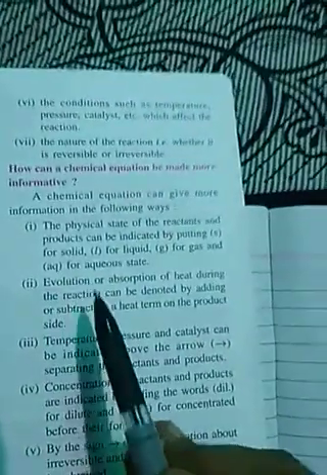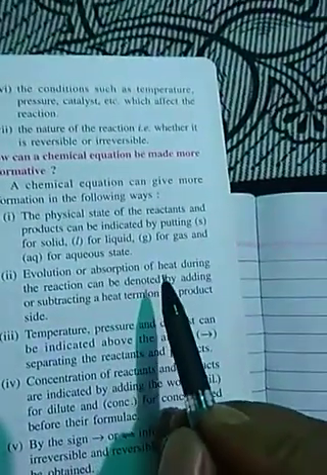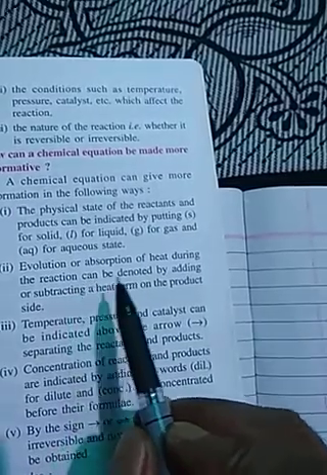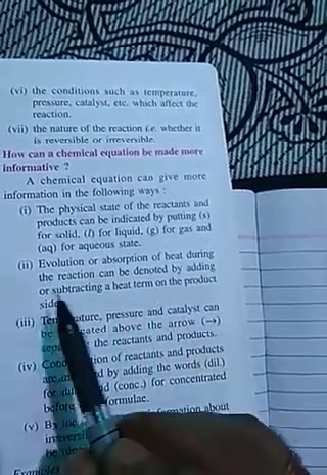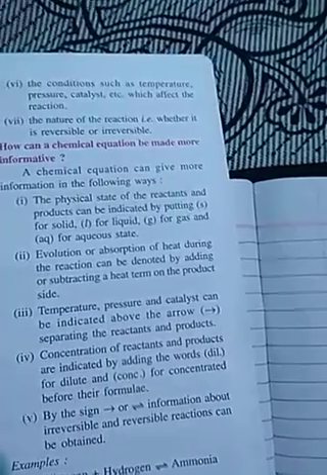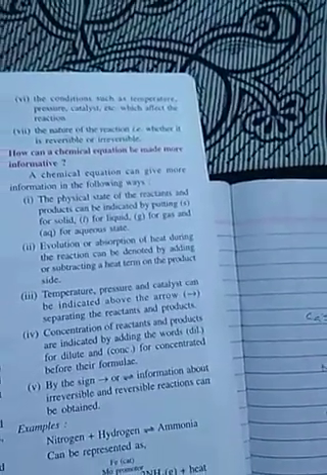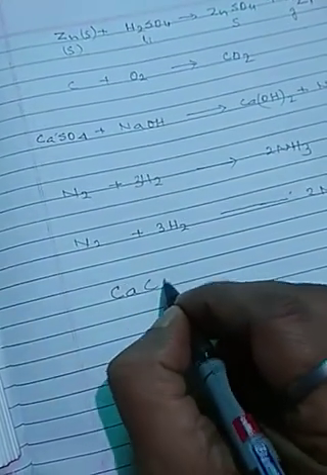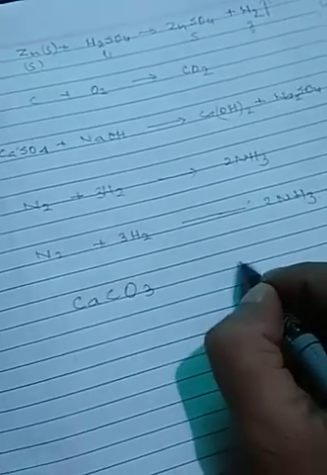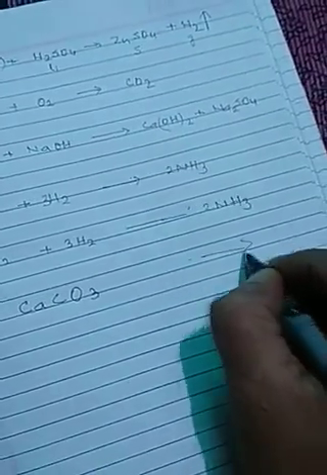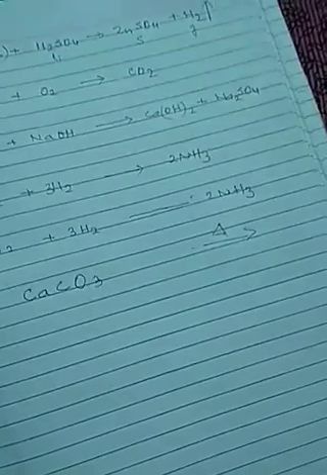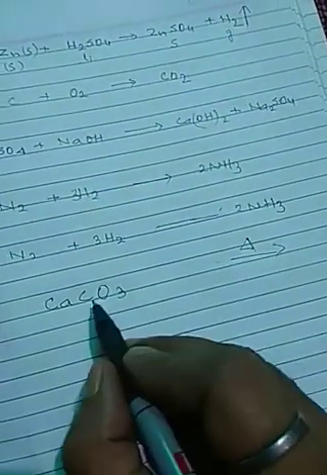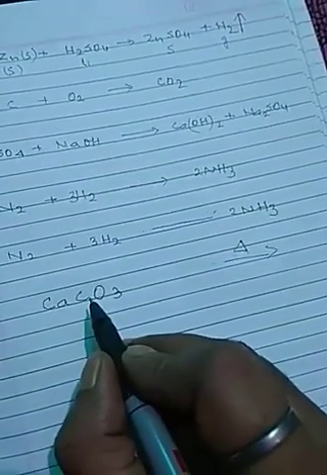Then evolution or absorption of heat during the chemical reaction can be denoted by adding or subtracting a heat term. See here. If here is calcium carbonate, when it is heated, it becomes hot.